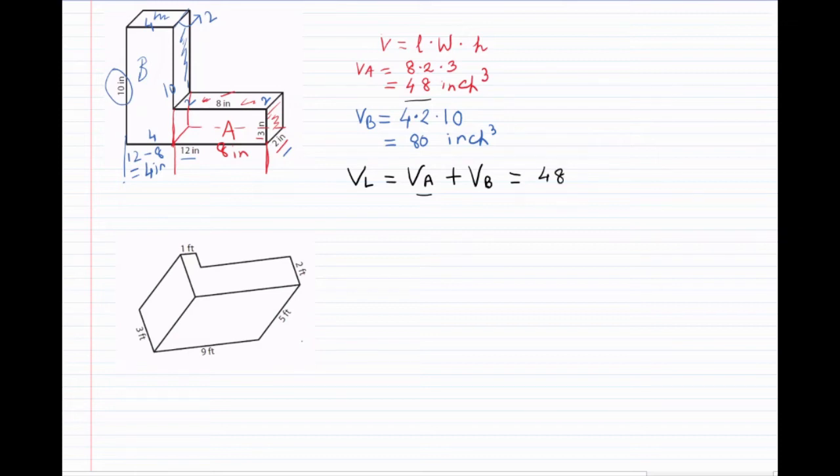So 48 plus 80 inch cube, volume of prism B, gives me a value of 128 inch cube, and that is my answer.